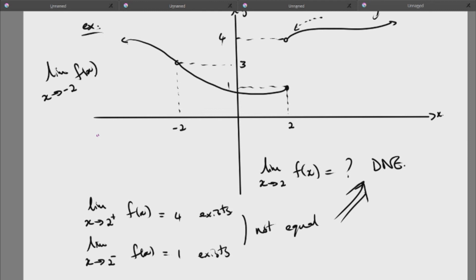Because the limit is only asking for behavior, the fact that there is or isn't a y value is completely irrelevant. You walk along the graph towards -2. Are you approaching a specific y value? Yes. I'm approaching 3. I'll never get there, but I'm approaching it. People look at what's happening at that point way too much. It's completely irrelevant. Completely irrelevant.